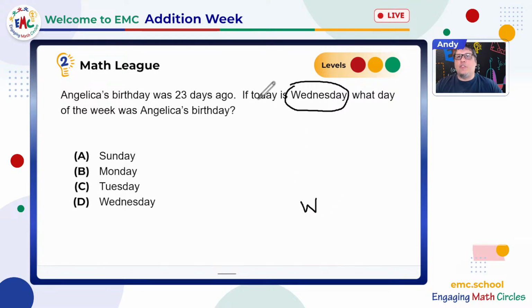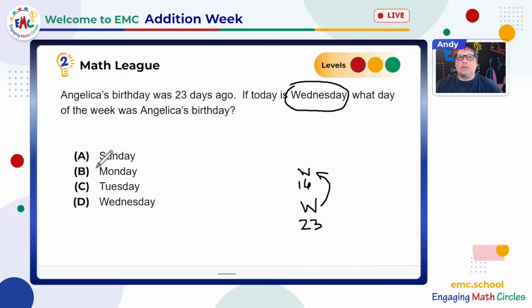Just so we know what day of the month it is, let's say it's the 23rd. We're going to go back 7, and it'll still be Wednesday. So 23 minus 7 gives us 16.